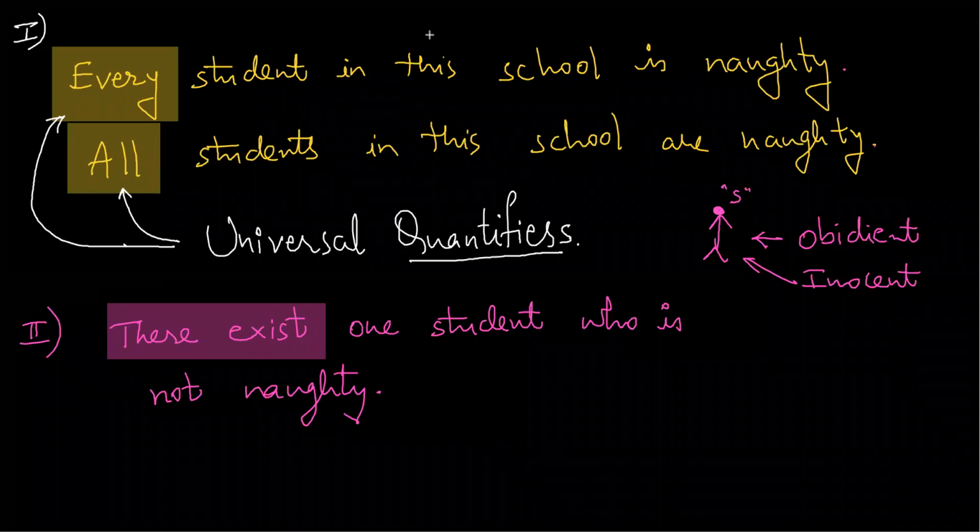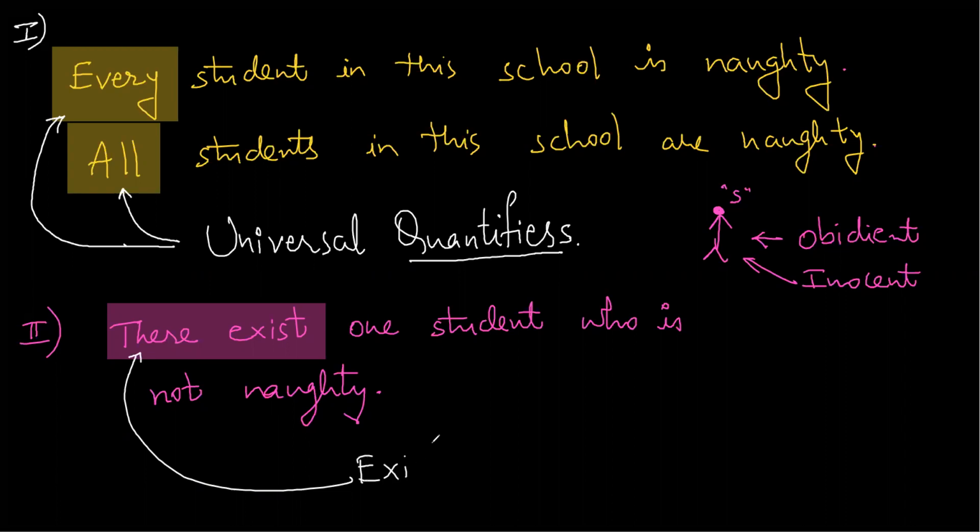This word is known as existential quantifier. What is this known as? The group of these two words, "there exist," is known as existential quantifier.